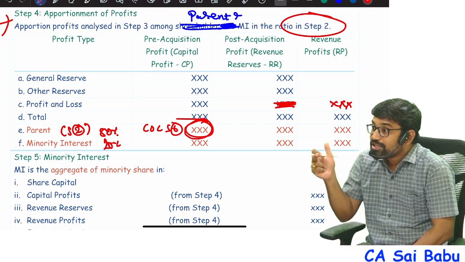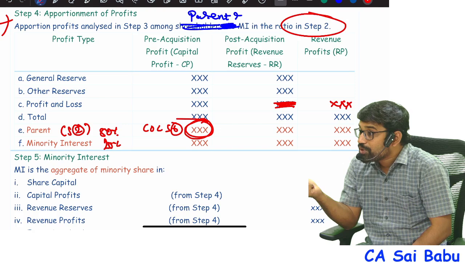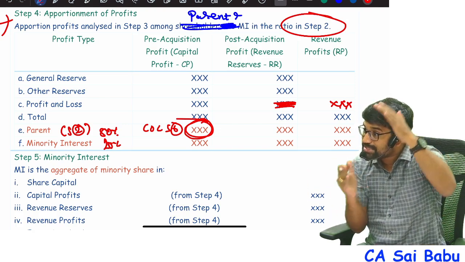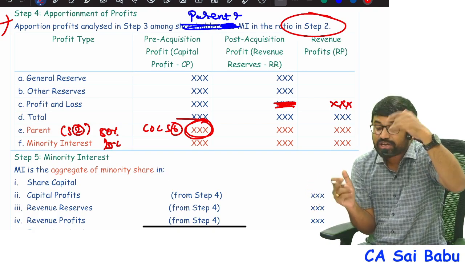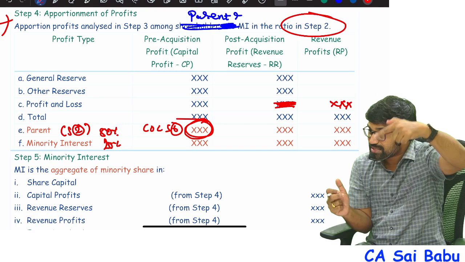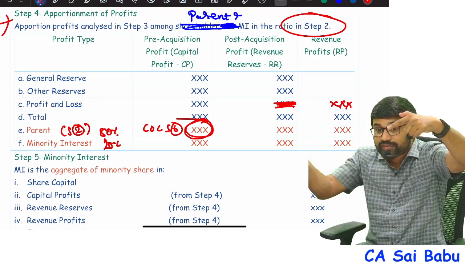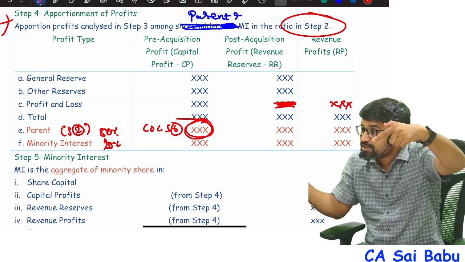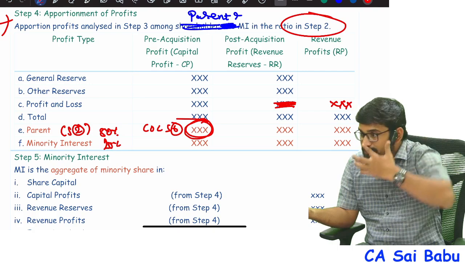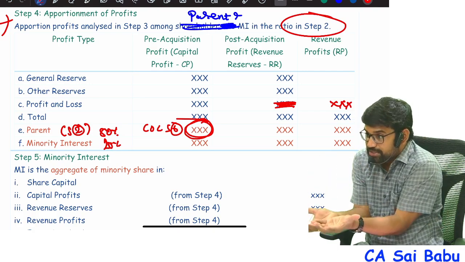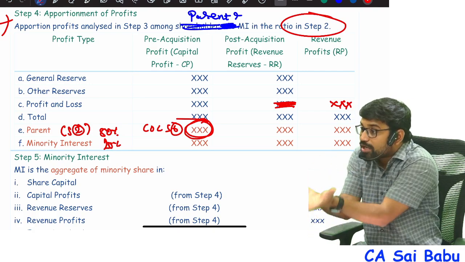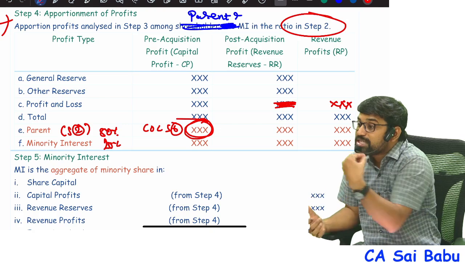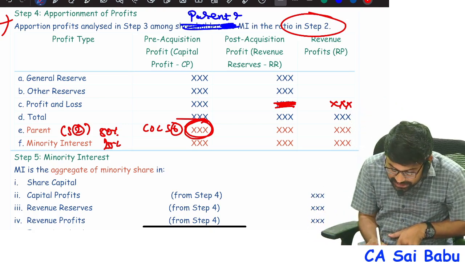While determining the goodwill or capital reserve, what we are doing? Cost of investment is compared with the share of net assets, which are represented by share capital plus reserves and surplus. On the date of acquisition, whatever the reserves and surplus are there in the subsidiary, they are basically what? Pre-acquisition. In that pre-acquisition profit, as a parent company, what is your share? That will be adjusted to the cost of investment.